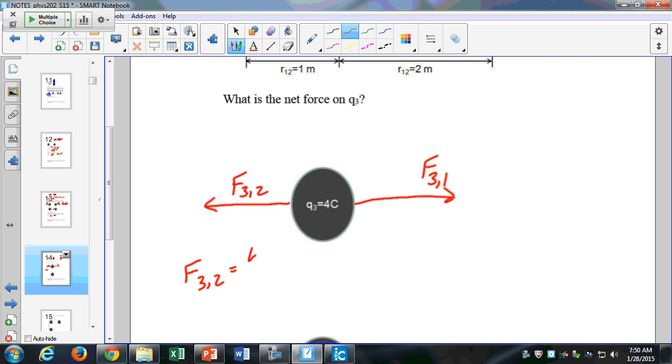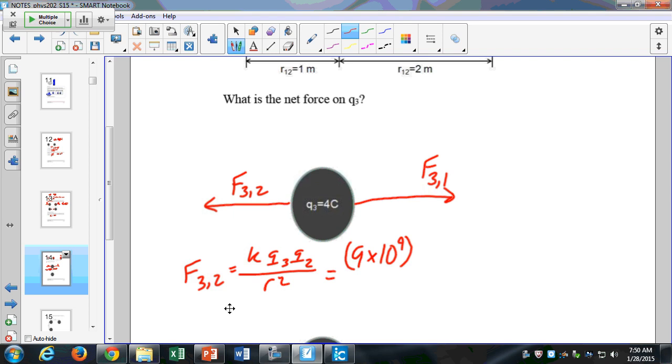F32 is K Q3 Q2 over R squared. I'm not going to draw the absolute value signs whenever I write Coulomb's Law, but we'll just remember that those are always to be the magnitude of those charges. So I'll leave off the signs. That's 9 times 10 to the 9th.